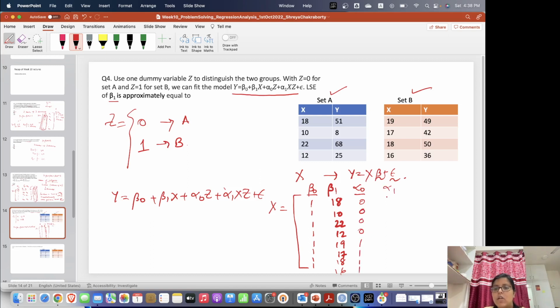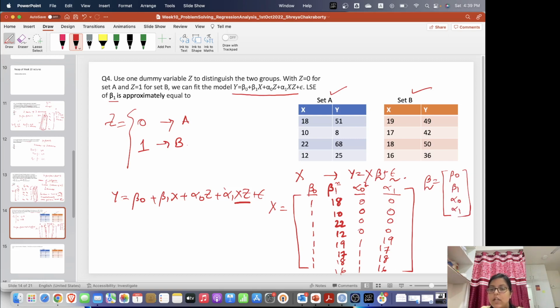And for alpha 1, we would write x times z. So the x column is this one and the z column is this one. So the alpha 1 column would be 0 times 18, 0, 0, 0, 0, and again 19, 17, 18, 16. So this is our X matrix, and the beta vector is nothing but these in order: beta naught, beta 1, alpha naught, alpha 1.